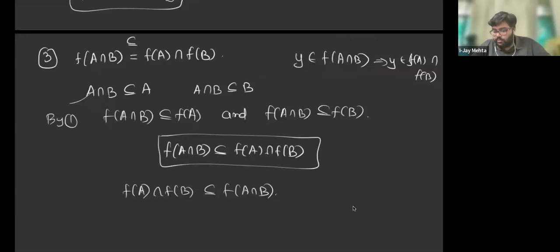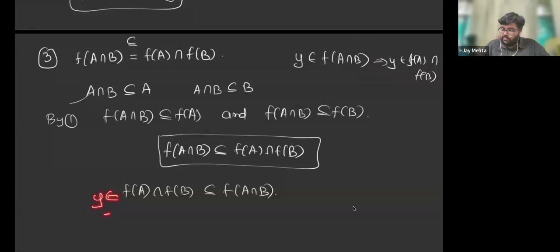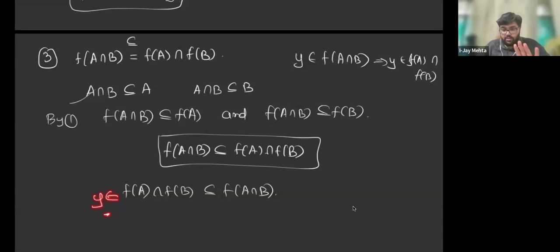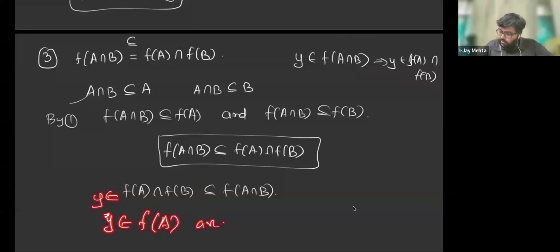Slowly, step by step. Y belongs to f of A intersection f of B. Intersection means y belongs to f of A and y belongs to f of B.